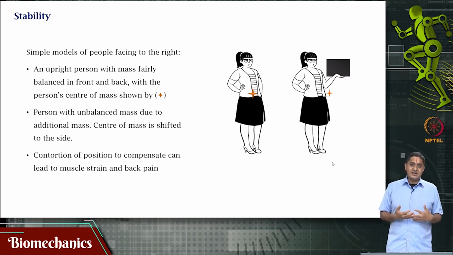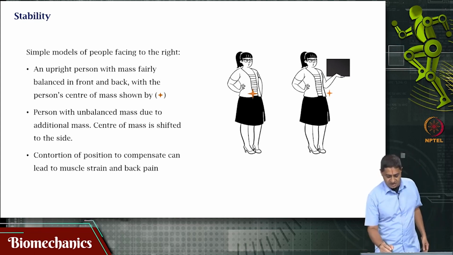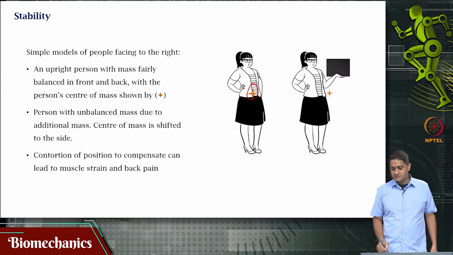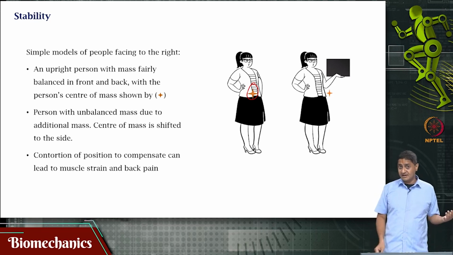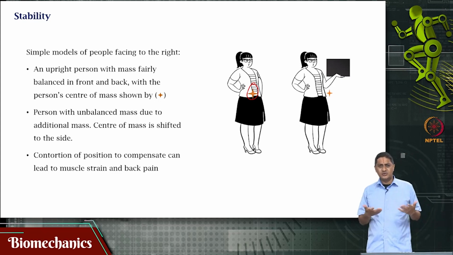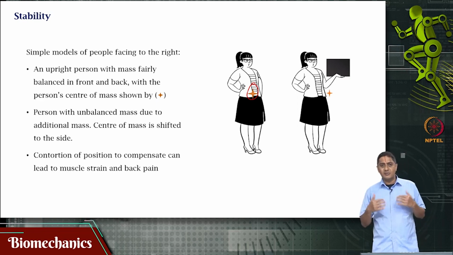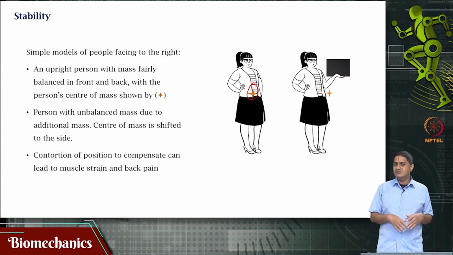If the person is not carrying a weight, the center of mass is going to be somewhere here. If she is carrying a weight on the side, the center of mass is shifted. If you are doing this occasionally, it does not really matter. You might be able to generate compensatory torques on the other side of the body so that you do not fall.